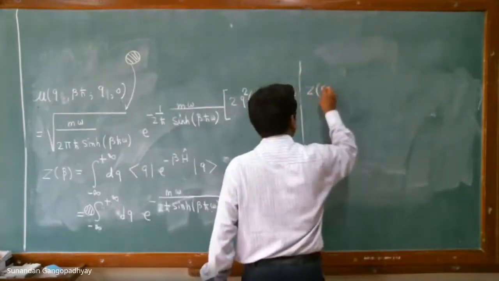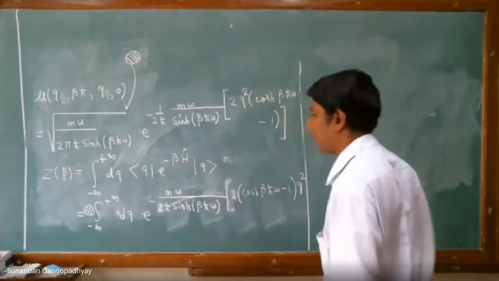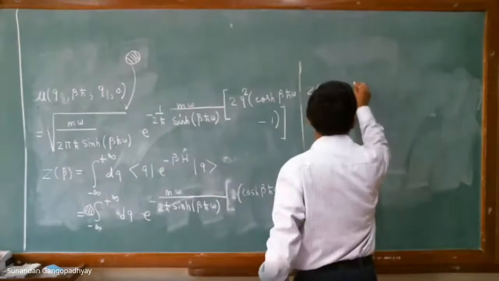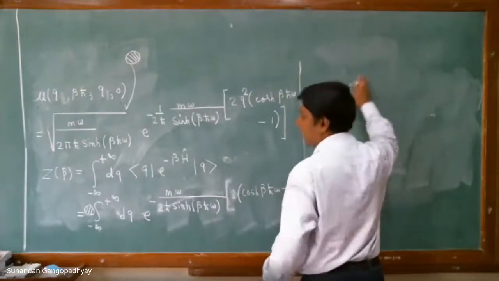Therefore, z of beta is equal to, so this factor you have, this is this factor in front. So let me write it down now.